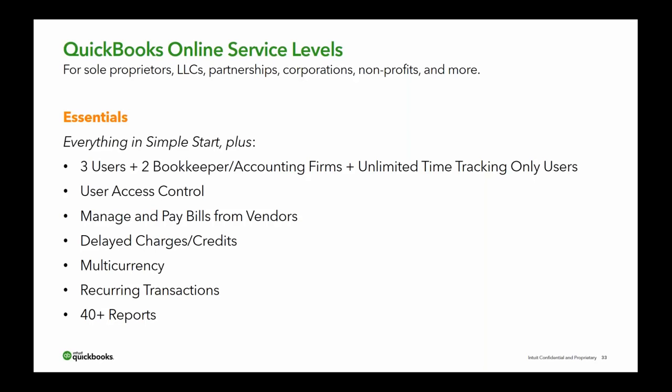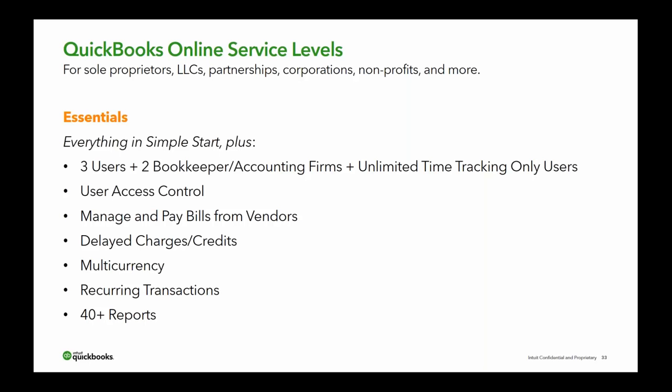Because there's more than 1 user, you now have user access control because there's 3 different ones. And then the ability to manage and pay bills from vendors is available. So accounts payable is available in Essentials, which also adds to the ability to create delayed charges or delayed credits.